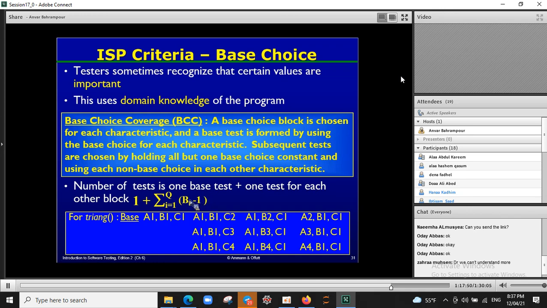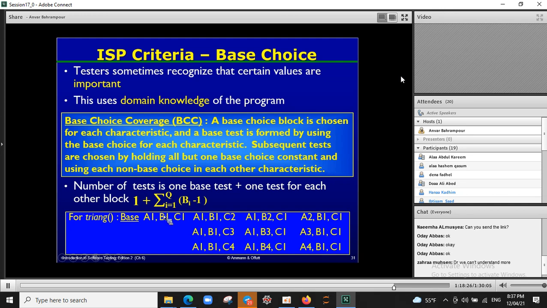One of these blocks is tested by the base choice, and Bi minus one of them are not chosen till now. So the summation of Bi minus one over all characteristics, plus 1, is the number of our tests.